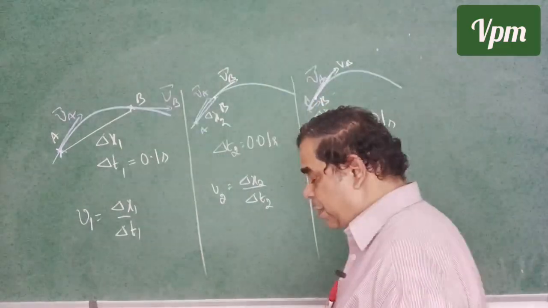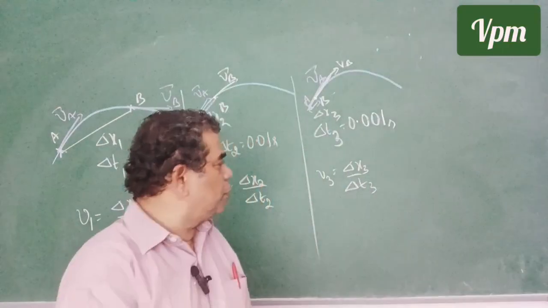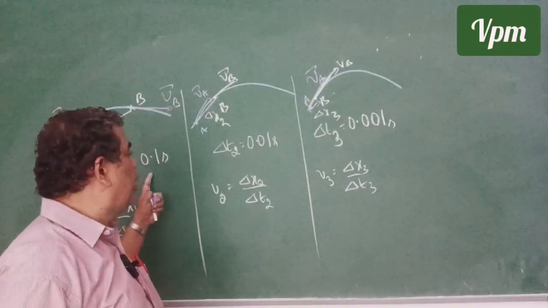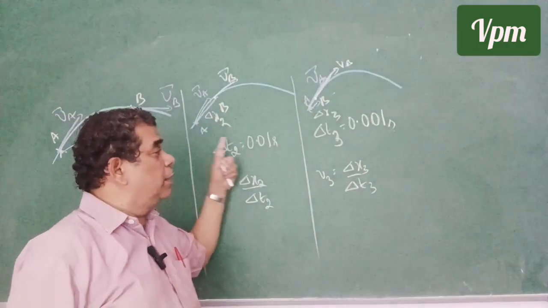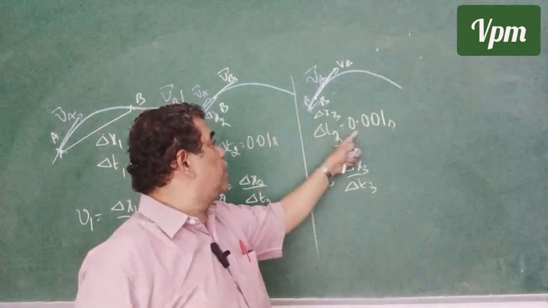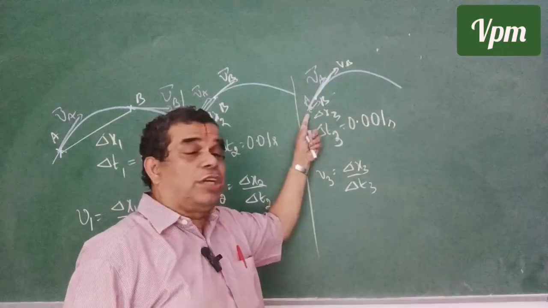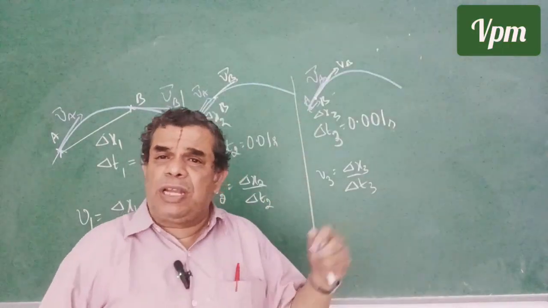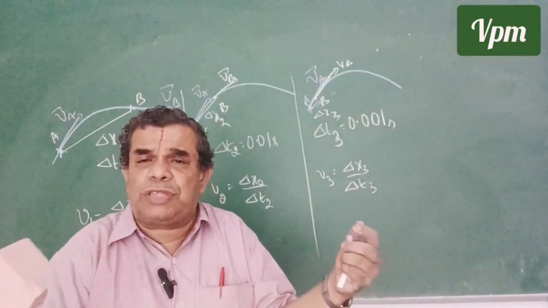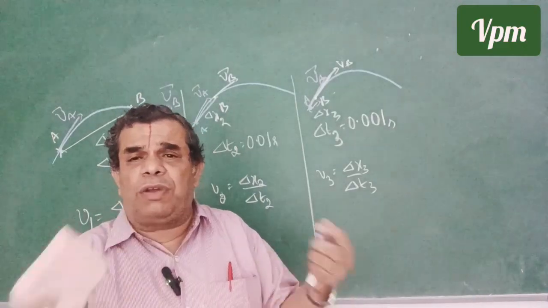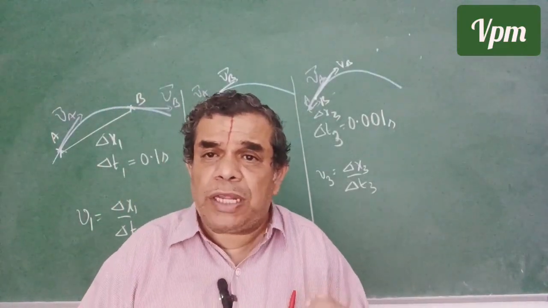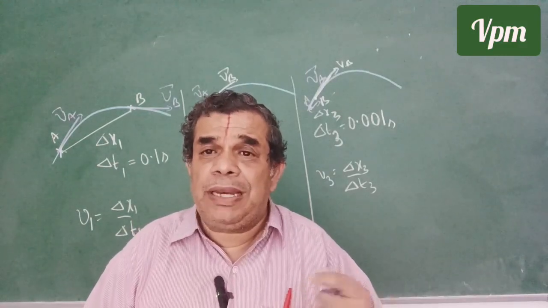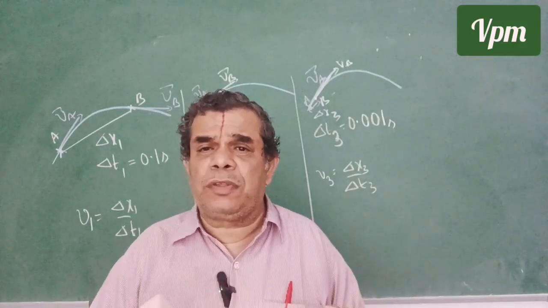Observe, as we go on decreasing the time, 0.1 to 0.01, B becomes very near to A, and 0.01 to 0.001, B becomes much nearer to A. If I go on reducing the delta t time interval, very small, what can you think? The gap between A and B goes on decreasing.